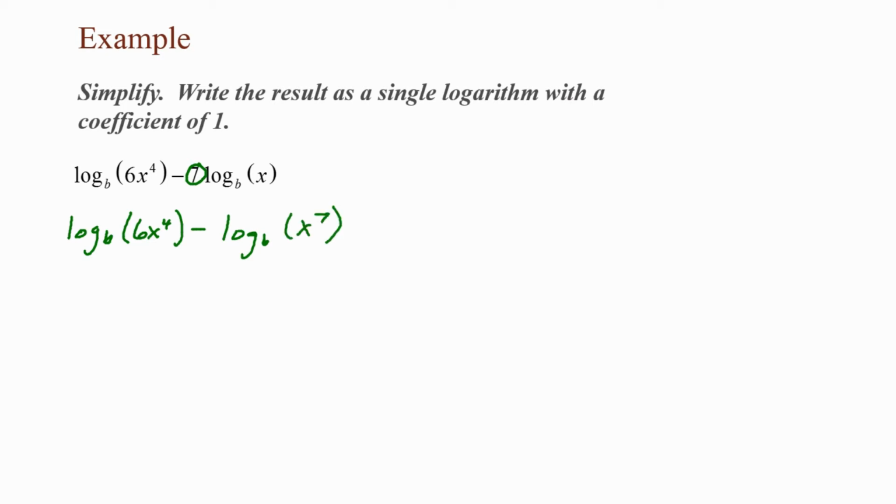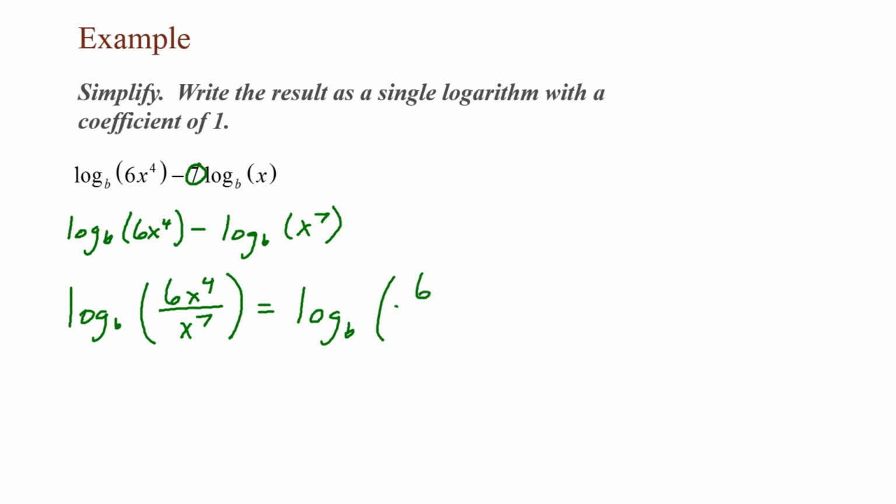Now I can rewrite it using the quotient property. Log base b of 6x to the 4th divided by x to the 7th, reducing, I have log base b of 6 over x to the 3rd.